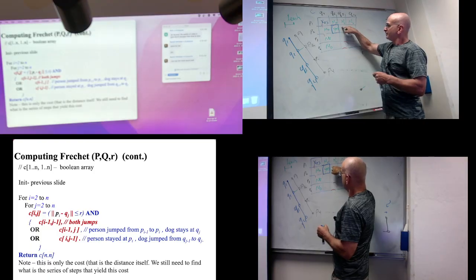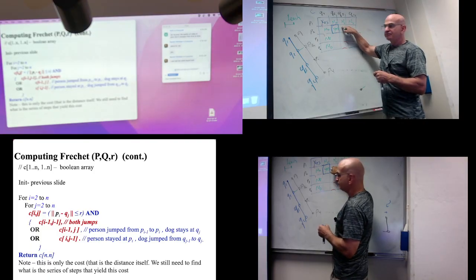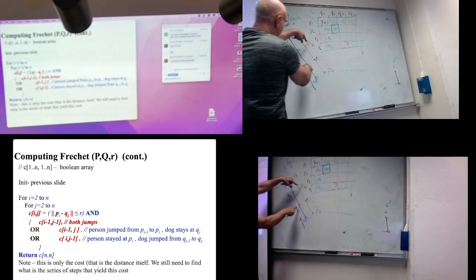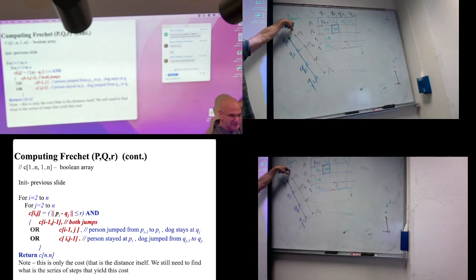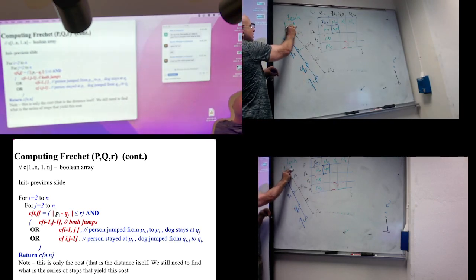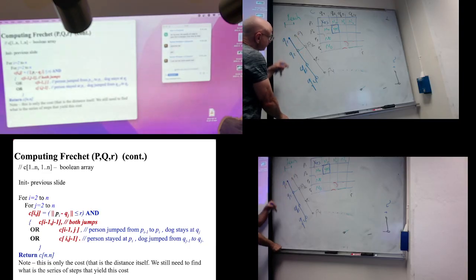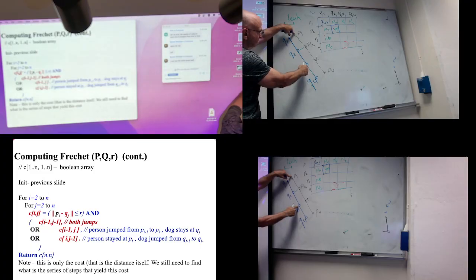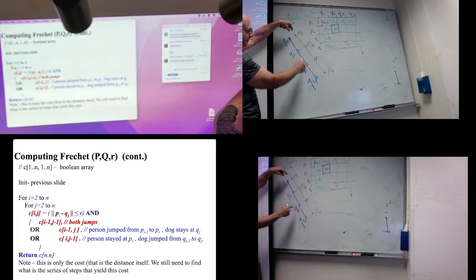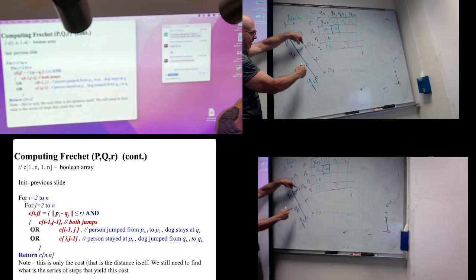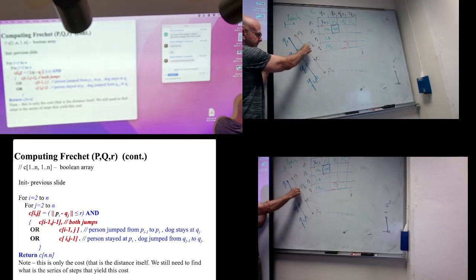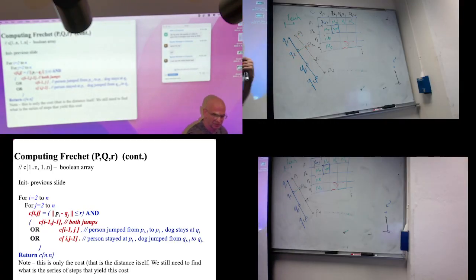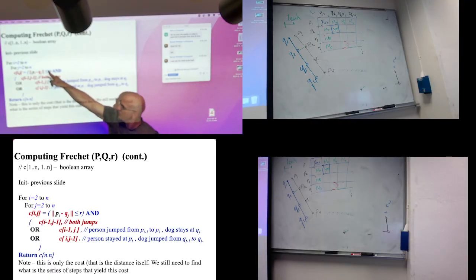What do I write here? P2, Q3, with this length of the leash. Well, P1 minus Q3, this distance, is more than the marker, too long. So this condition already failed.